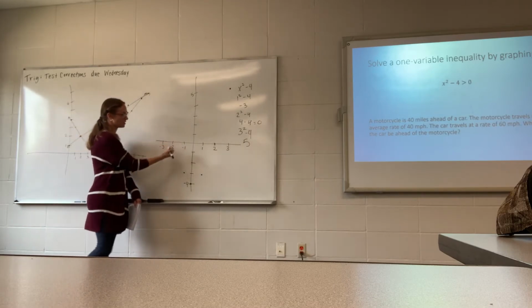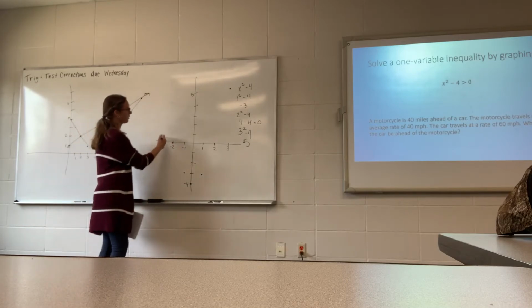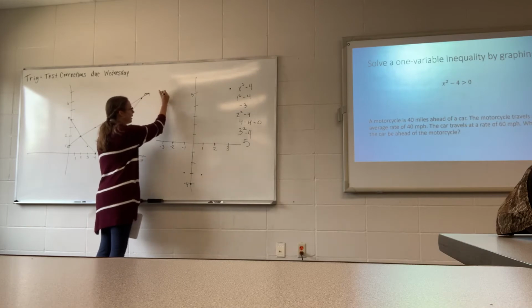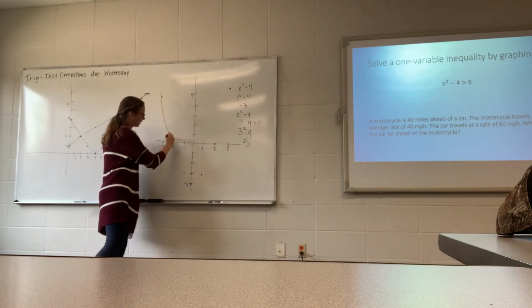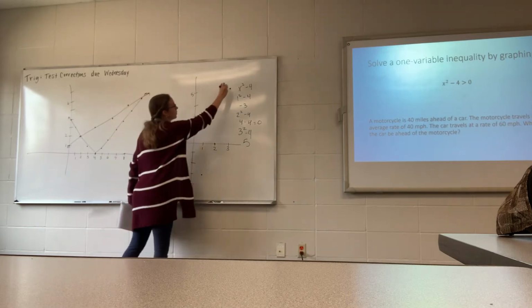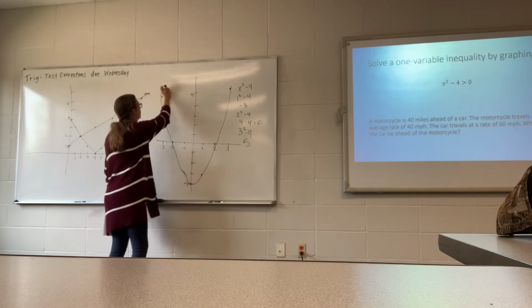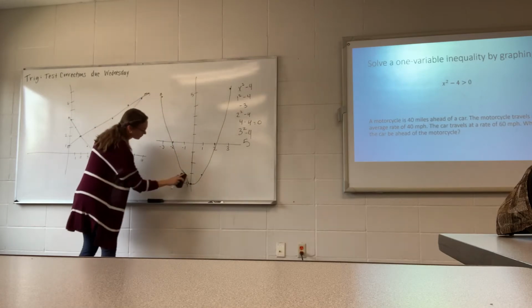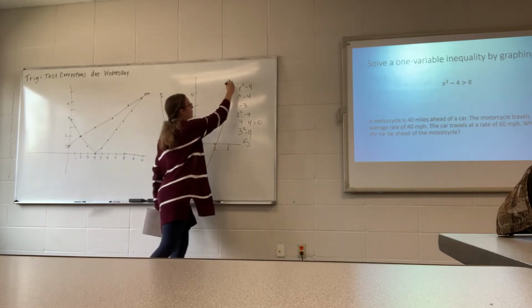Then this one at 2, 0, I'd also have one at negative 2, 0. And then at 3, 5, I'd also have one at negative 3, 5, okay? So then I can connect those points and draw my quadratic. Okay, so here's my quadratic.